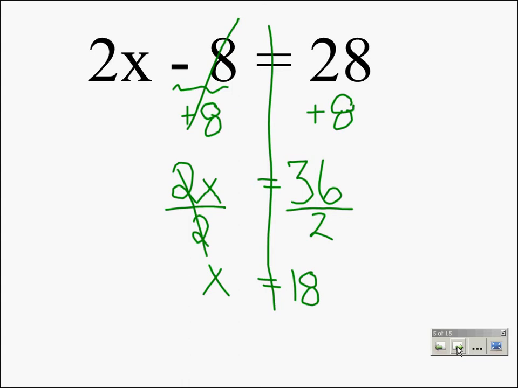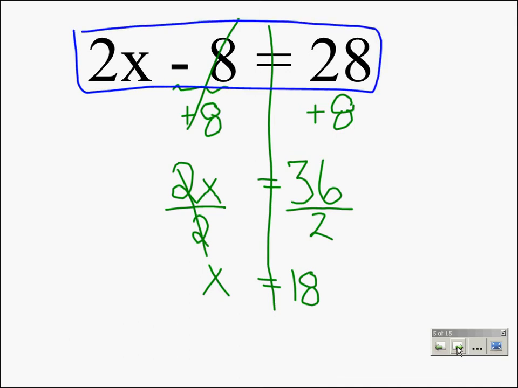Okay, if we wanted to check that, we could. So all I'm doing is rewriting this equation that I started with, but replacing any x I see with an 18. So I have 2 times 18, minus 8 equals 28.